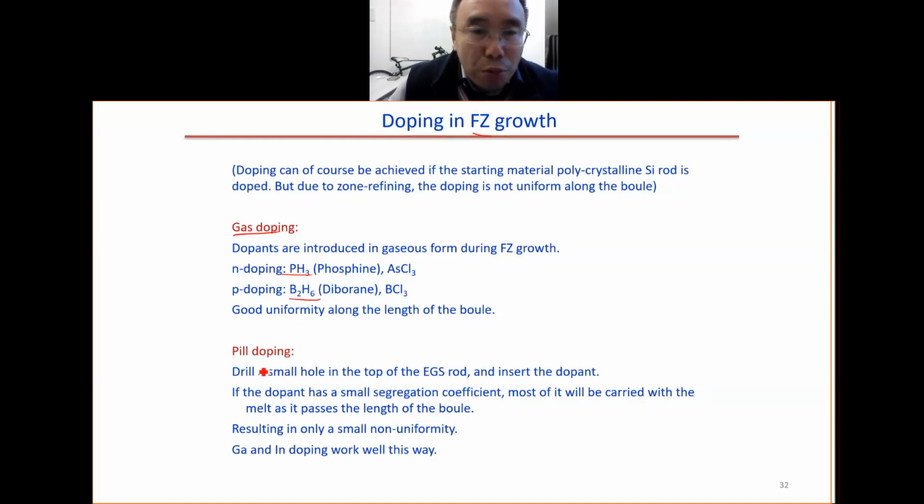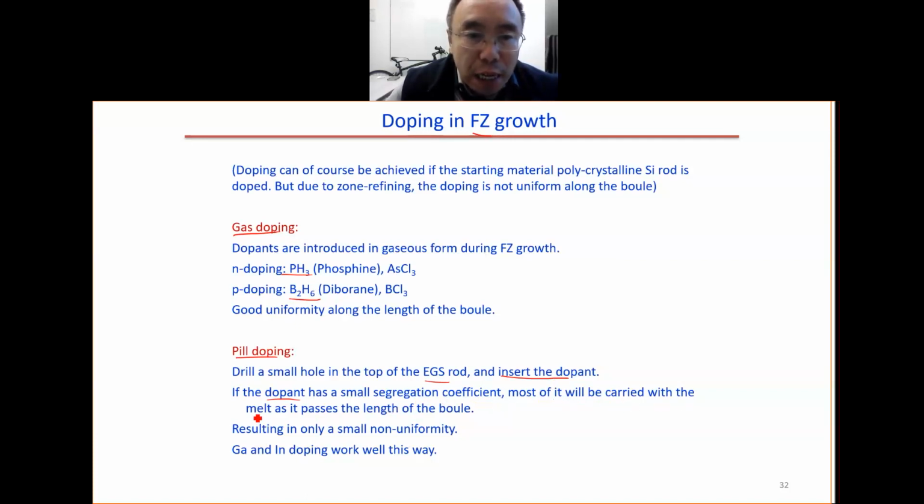Another way for the doping is called pill doping. We drill a small hole in the top of the EGS, electronic grade silicon rod. Then we insert the dopant. Then we do the zone refining process. Because the dopant has a small segregation coefficient, most of the dopant will be carried with the melt.